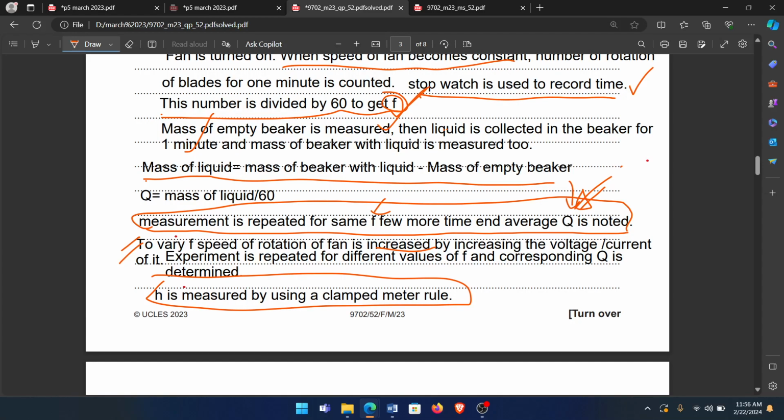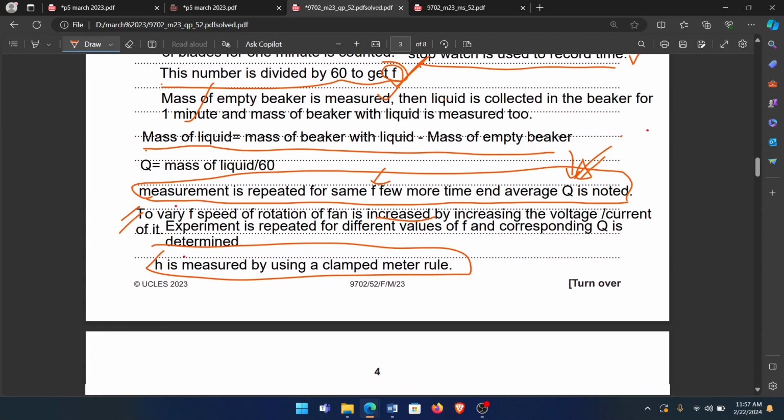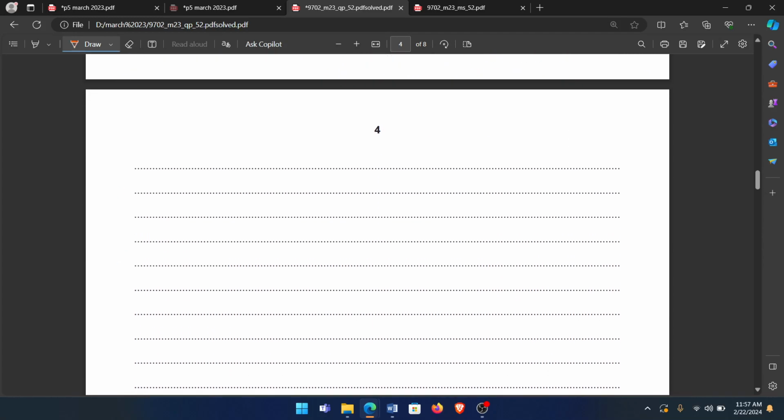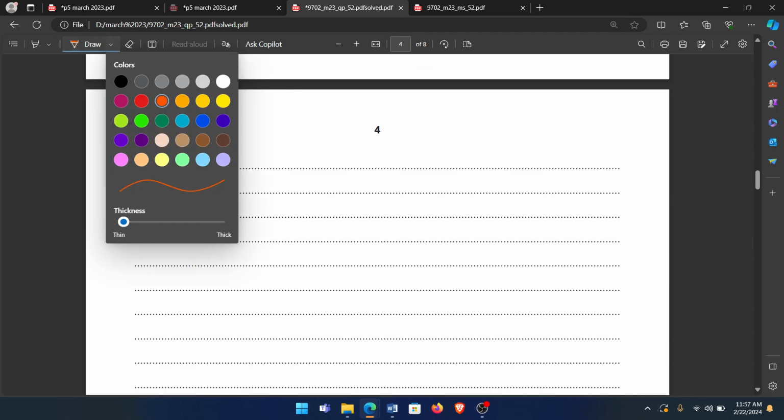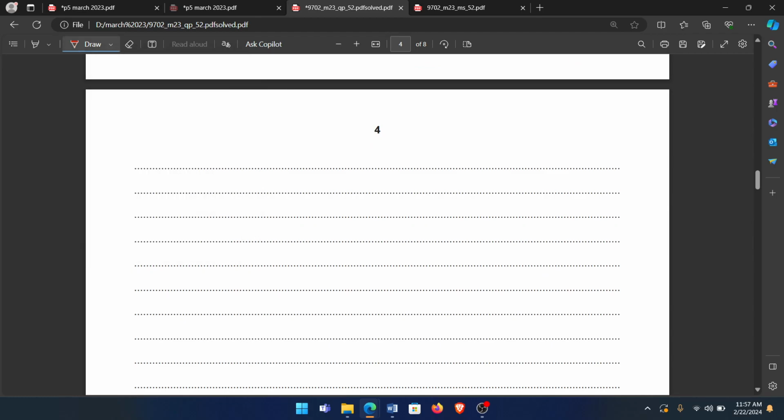Then when F is measured, the number of rotations for 1 minute has been recorded. So that's a D point, right? So now you can add any additional details here. This is my suggestion. Further details could be like this.